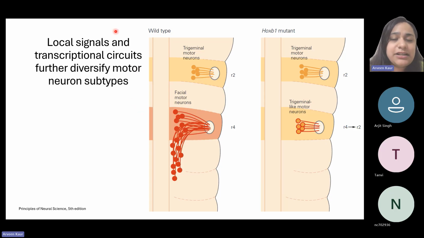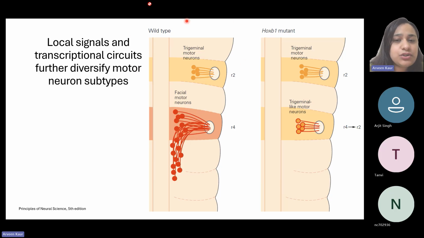Over here you are seeing a wild type and a Hox B1 mutant. The Hox B1 mutant is a homeobox B1 mutant, which means that the Hox B1 gene is probably not normal in this particular mutant. In the normal animal, everything is normal.